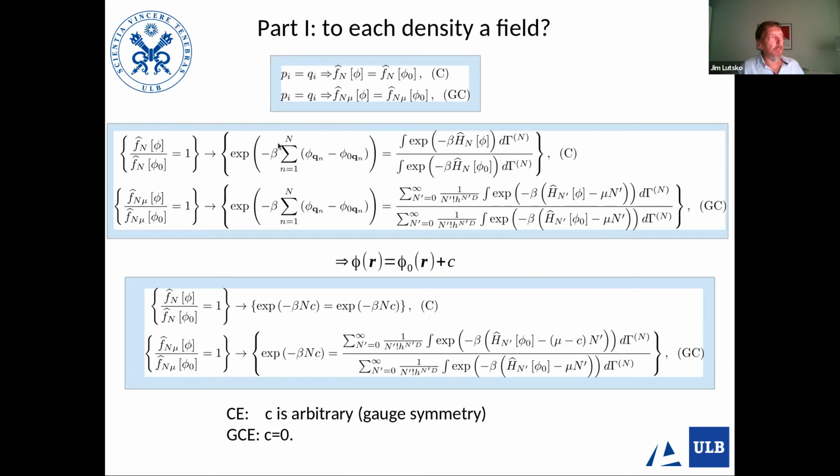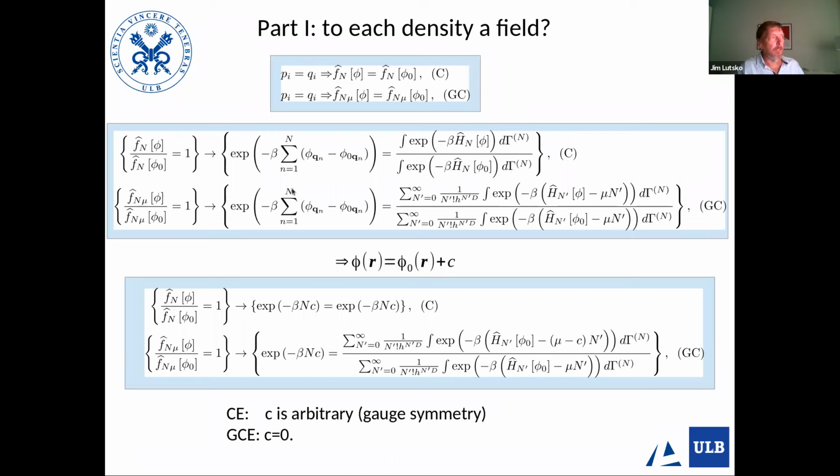And if you write it in this way, you say this is equal to something which is exactly the ratio of the partition functions. But the point here is that this thing on the left depends on all of the particle coordinates, and the thing on the right doesn't. And this has to hold true no matter what these coordinates are. So the only way that can be the case is if the difference between these two functions, phi and phi naught, is a constant. And this is true in both the canonical and grand canonical case.